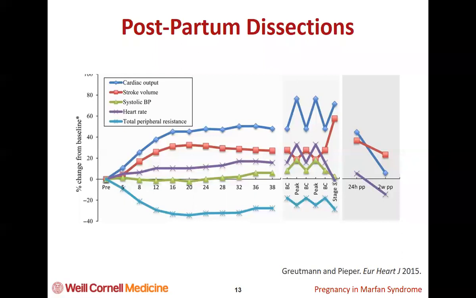So in trying to understand the predilection for postpartum dissections, labor and delivery are associated with spikes in cardiac output, especially during contractions, as you can see in the blue line. And this is primarily due to increases in heart rate in the purple line, as well as increases in systolic blood pressure in the green line. And importantly, these changes in stroke volume and cardiac output persist into the postpartum weeks.